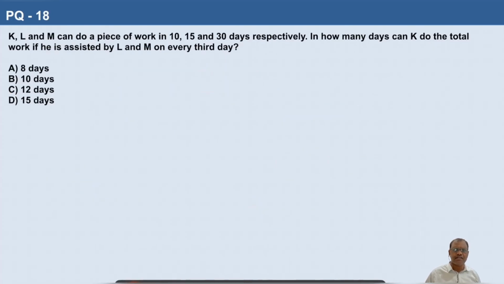Question number 18. K, L and M can do a piece of work in 10, 15 and 30 days respectively. In how many days can K do the total work if he is assisted by L and M on every third day? So let us write the same formula. Time into rate is equal to work.